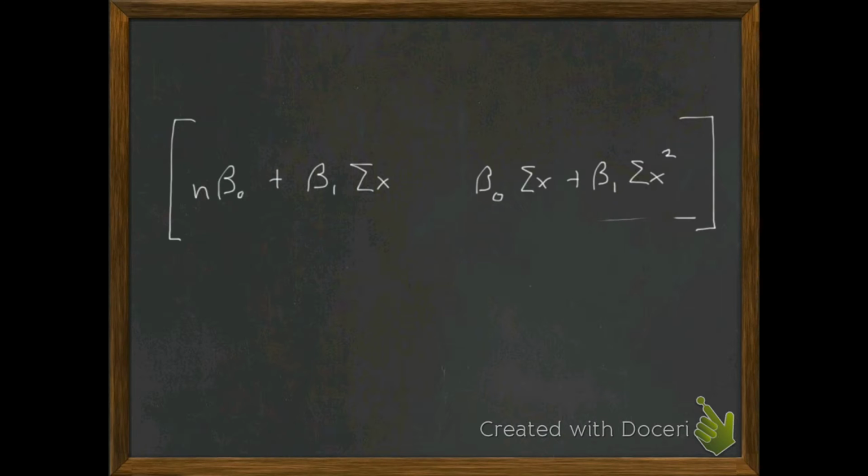So I now need to multiply this times beta 0, beta 1. So again, I'm going to take the row times the column, and I get a linear combination.